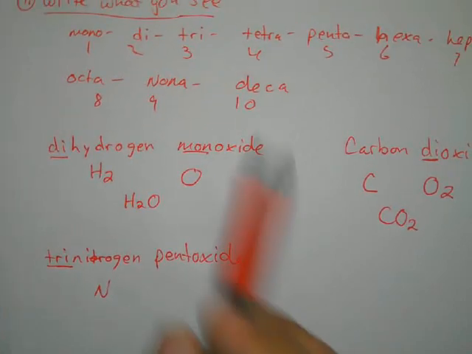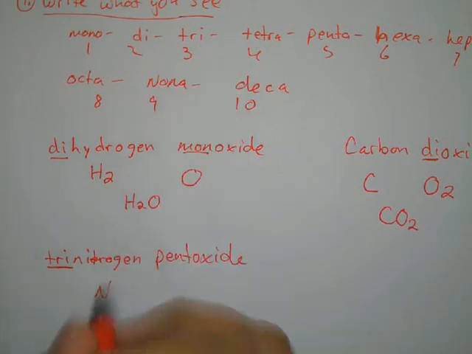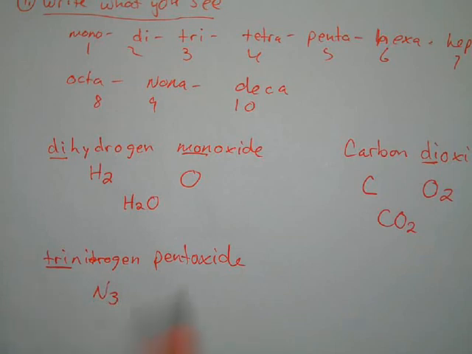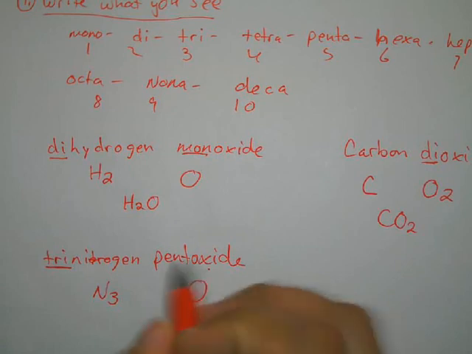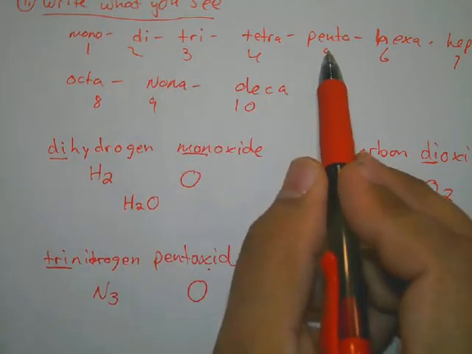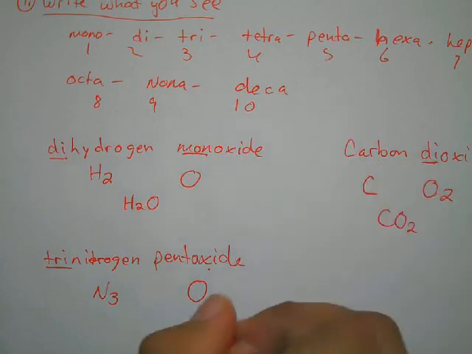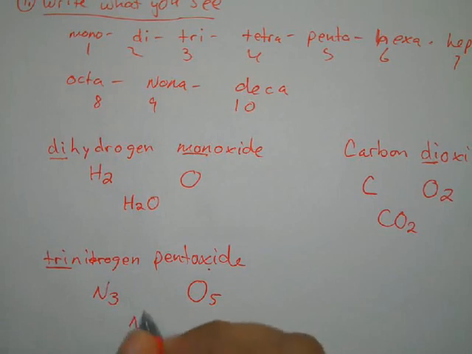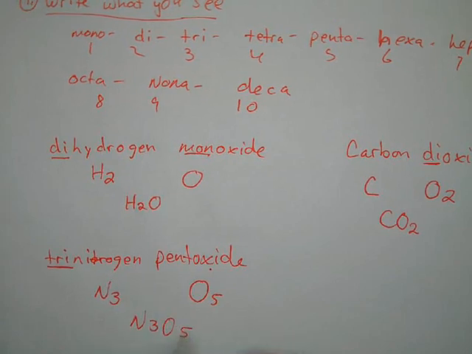Tri means 3. So I got 3 nitrogens. Pentoxide. Oxide means oxygen again, right? What does pent mean? Pent is 5. So I have 5 oxygens. So what is my compound here? N3O5. Trinitrogen pentoxide.